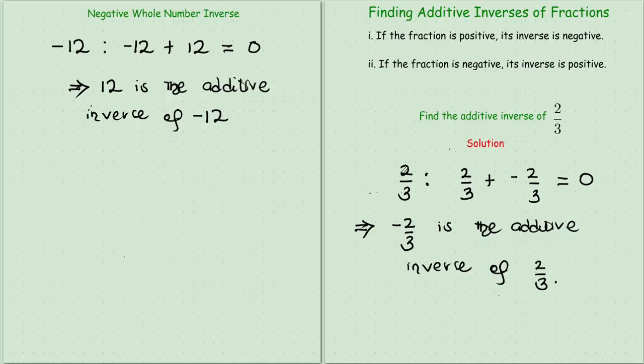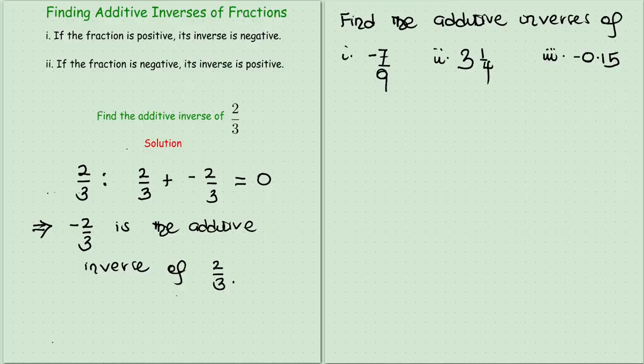You realize that this whole topic is very straightforward. Let's solve some last few examples. Looking at these examples here, let's find their additive inverses. We are not going to solve anything, we are just going to follow the rules. For the very first one, negative 7 over 9, its additive inverse is going to be what? 7 over 9, because if we negate it, it becomes positive.